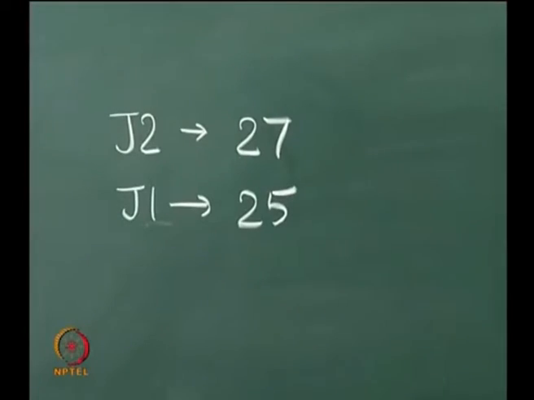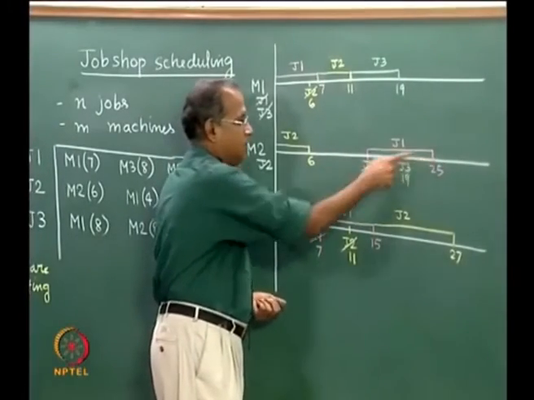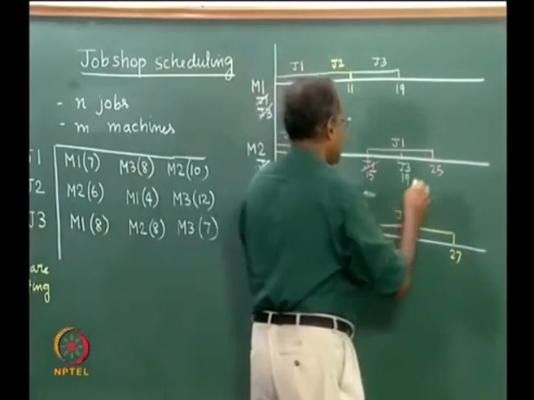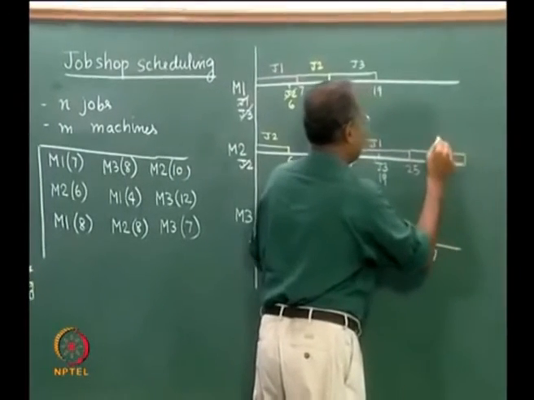Now, once again we have J3 has come here at 19. Now, we are at 25. J3 is waiting on M2, takes another 8. So, 25 plus 8, 33.